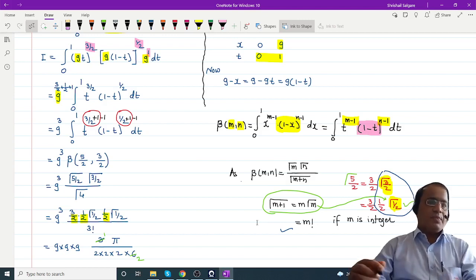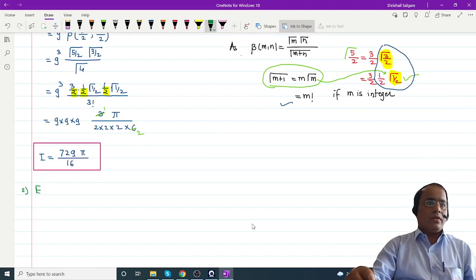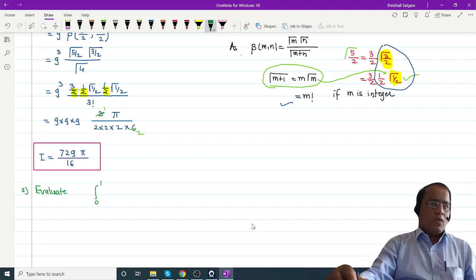Suppose, evaluate the integral. Second example, evaluate. So today I will take examples on only that 1 minus t factor. Evaluate the integral 0 to 1, 1 minus fifth root of x, raised to 3 by 2, dx.